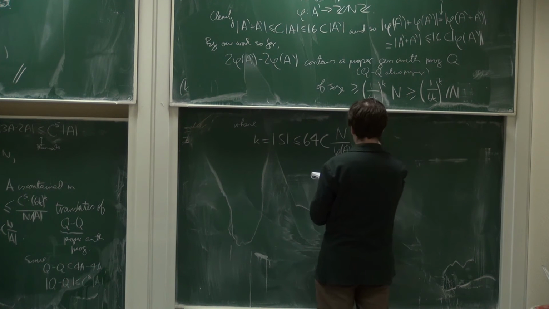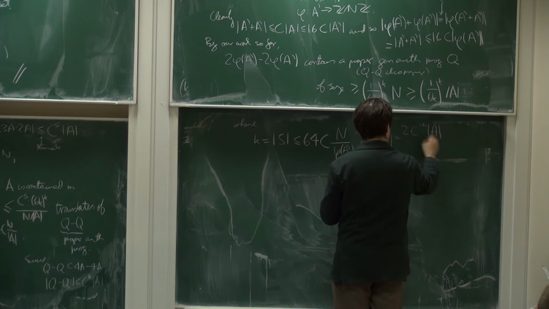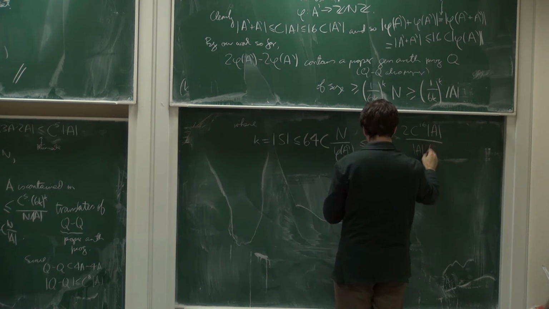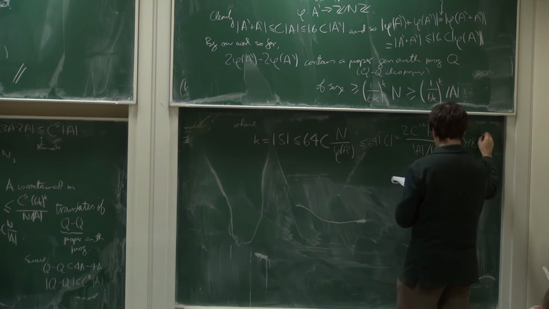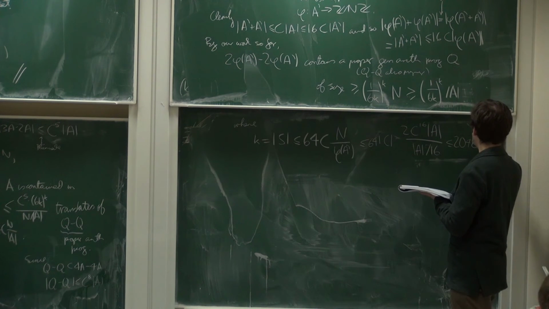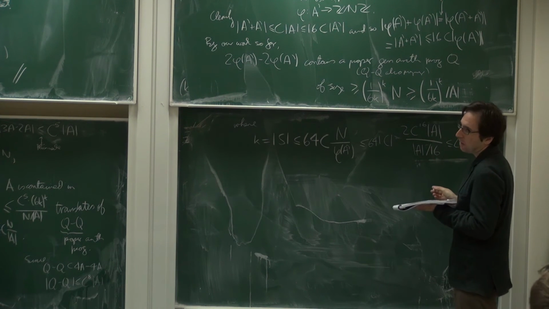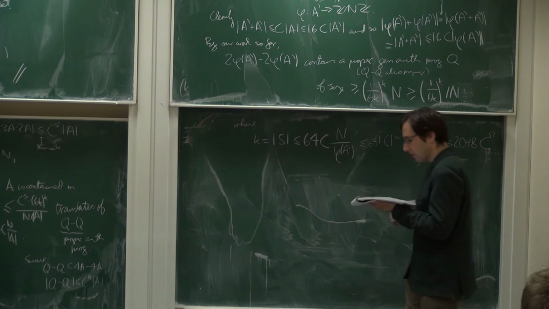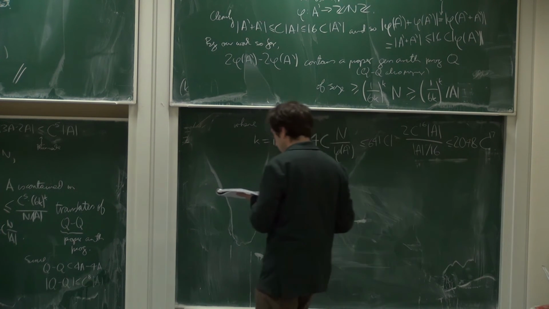So this is 16·4C times 2C·16|A|, you divide by 16, which is at most, well, this. So it's just a constant times a power of C. It's good. It's not too large. It's pretty large, but not that large. So it depends only on C, and it's polynomial in C.